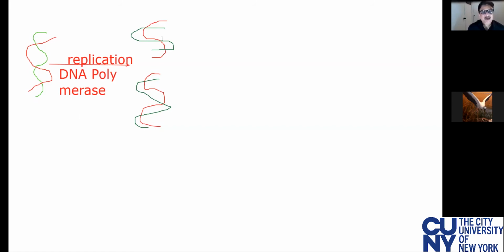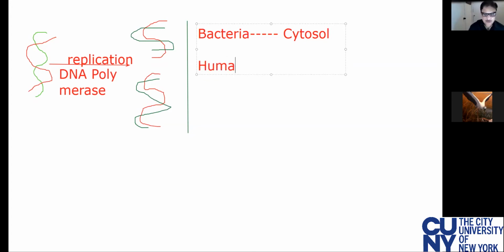I would like to add here that in bacteria, replication occurs in the cytosol. Why? Because bacteria have no nucleus, whereas a human cell or a plant cell, which are eukaryotes, have a nucleus. Replication occurs within the nucleus.